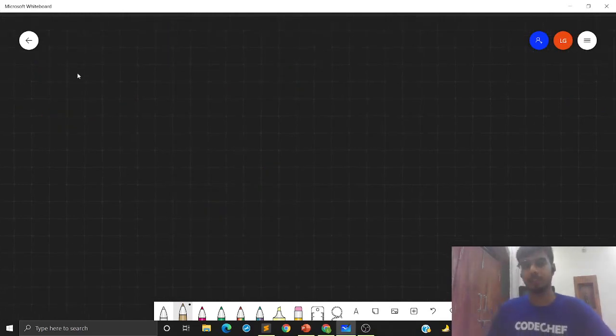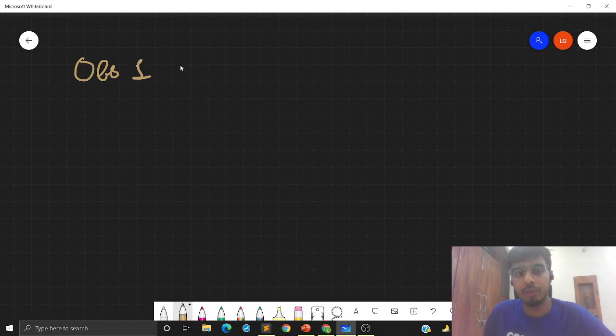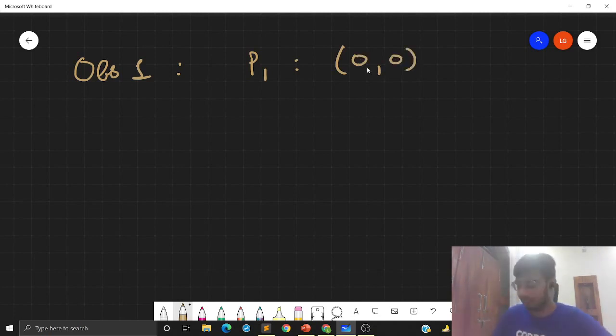Okay, so let's summarize what we have seen till now. When we encountered our first point, we argued that we can assume the first point to be at the origin. We can shift our axes and the distances will not change. The second observation is that rotating our coordinate axis will not change the distance between any 2 points.